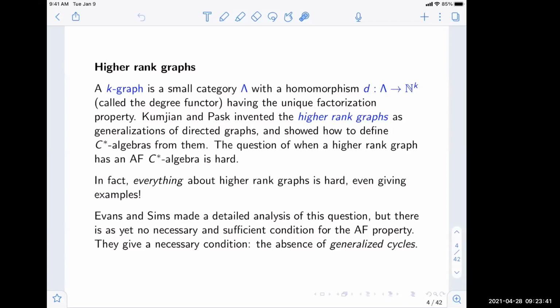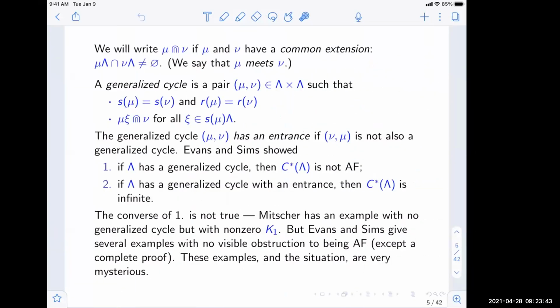So in a higher rank graph, the situation is a little bit more interesting. Let's start with a bit of notation. I'm going to use Exel's notation, this double intersection, to mean that two elements have a common extension. How do you do this symbol in LaTeX? You can, it seems there are books of symbols in LaTeX. Yes, I could just write cap with a capital C and you get this one.